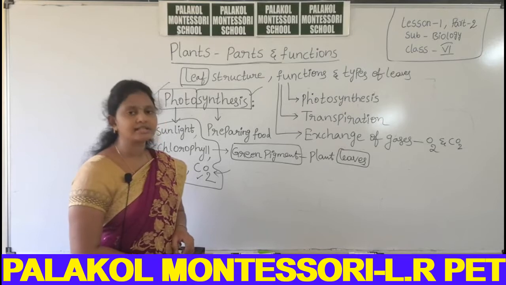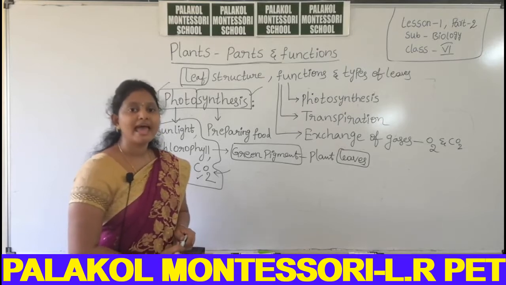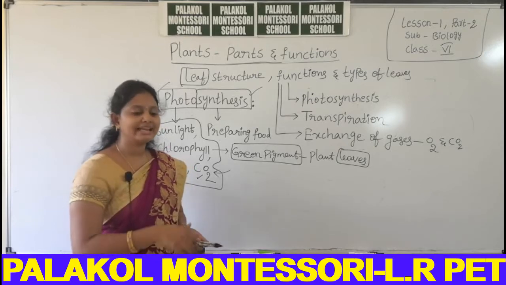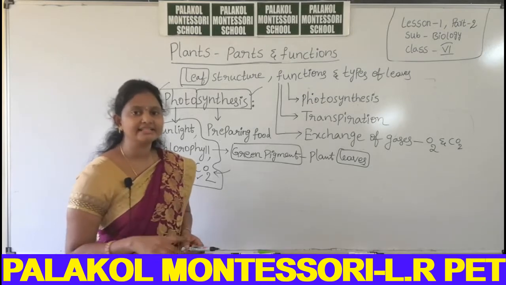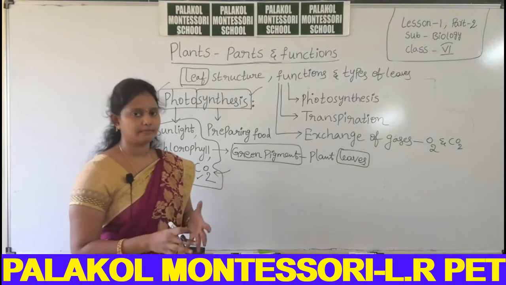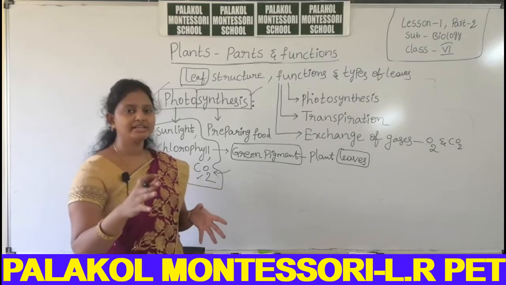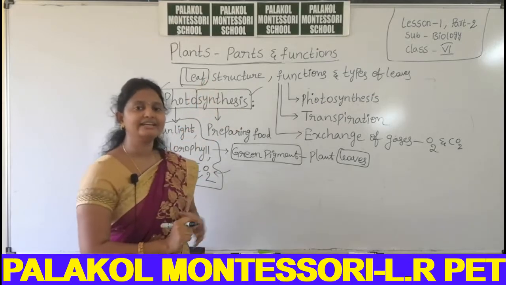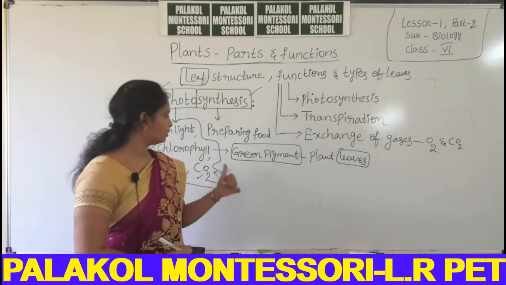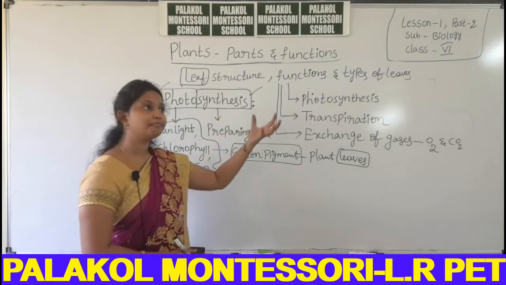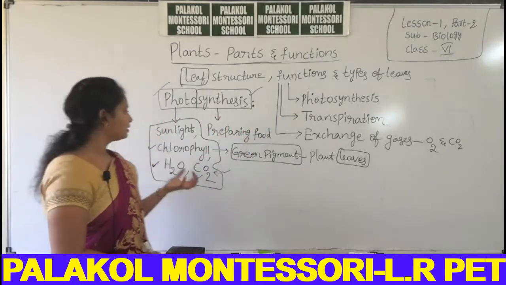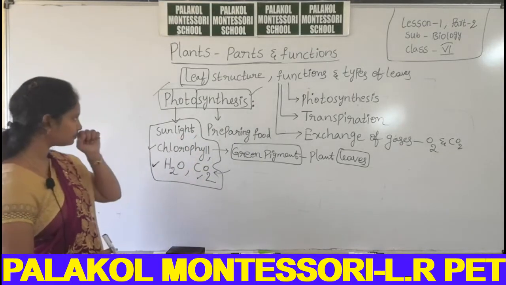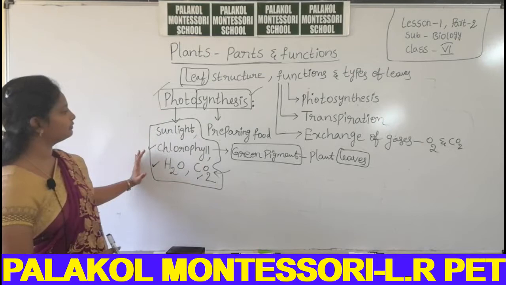If there is no sunlight, the universe will be abolished. Okay, every energy comes from the natural light, that is sunlight, directly or indirectly. So here plants also take up the sunlight directly to do photosynthesis. Okay, these are the requirements of photosynthesis.